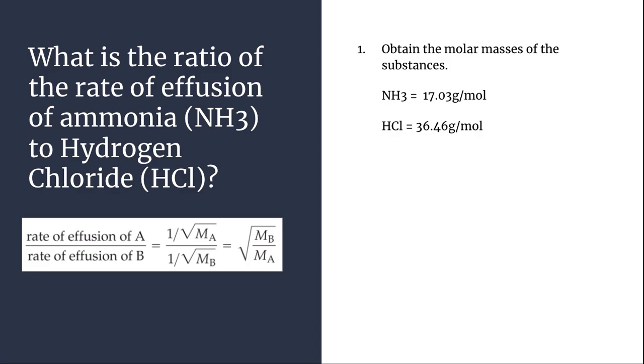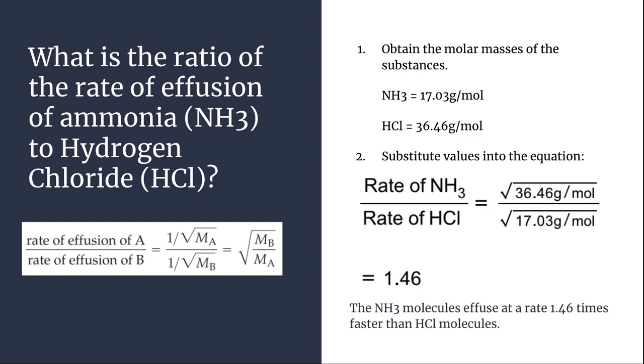We'll now be using Graham's law to calculate the ratio of the rate of effusion between ammonia and hydrogen chloride. The first step is to obtain the molar masses of the substances using the periodic table. Ammonia is equal to 17.03 grams per mole, and hydrogen chloride is equal to 36.46 grams per mole. The second step is to substitute the molar masses into the equation and solve.